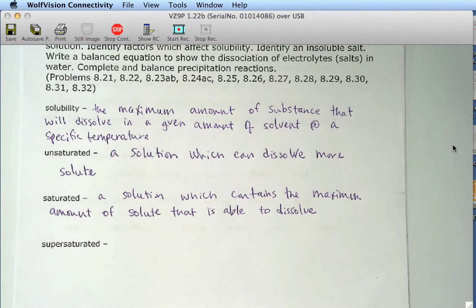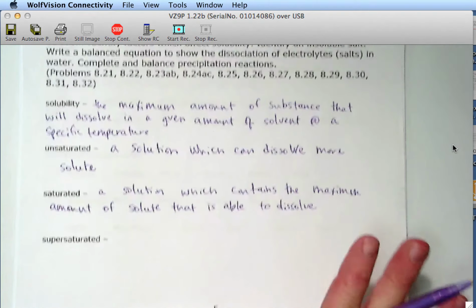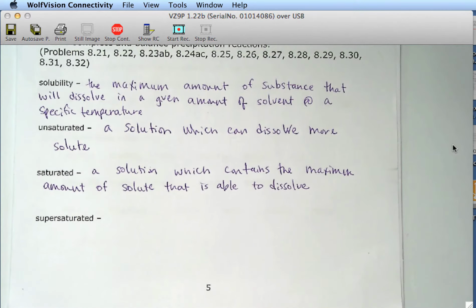So with a saturated solution, if you were to add even a granule of sugar, it would go to the bottom. You see what I'm saying? It's all dissolved, but then when you add more, it goes to the bottom. So if you were adding cups of sugar, you'd be stirring it, and you'd feel the sugar at the bottom.